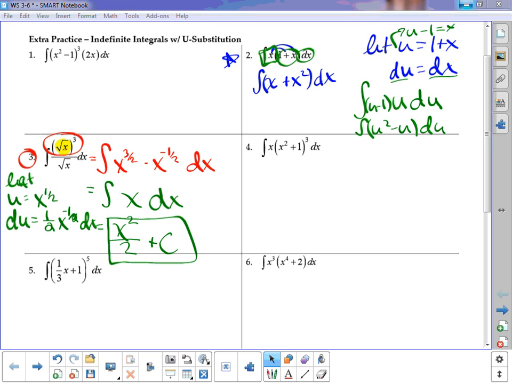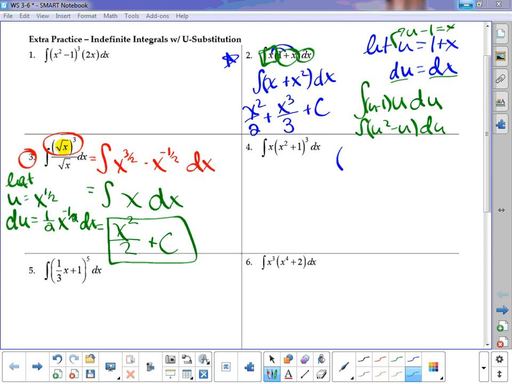Yes? Can you just go back up to 2 really quickly? I'm confused because if you don't use substitution, I think someone did that. Wouldn't it be x squared over 2 plus x cubed over 3 plus c? But then if you do the substitution, it gets x cubed minus 2 over 2 minus x squared over 2. So let's see. So u squared ends up, when we anti-differentiate this, we have u cubed over 3 minus u squared over 2, right?